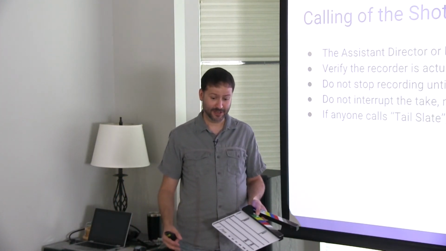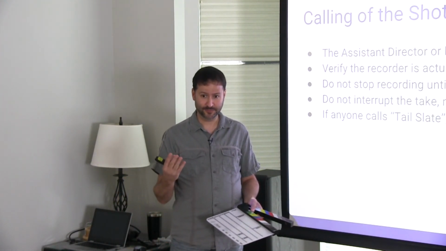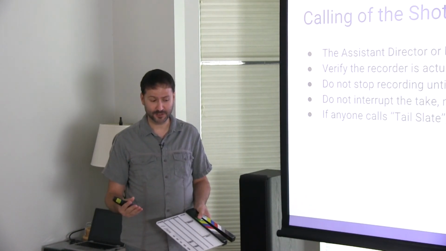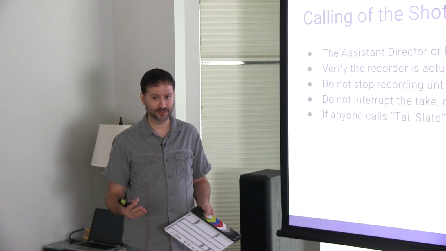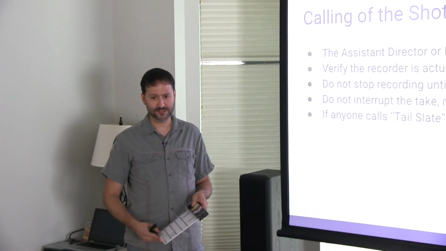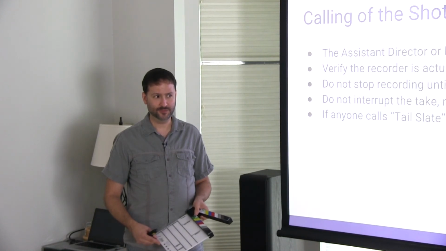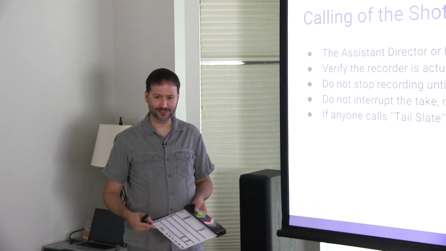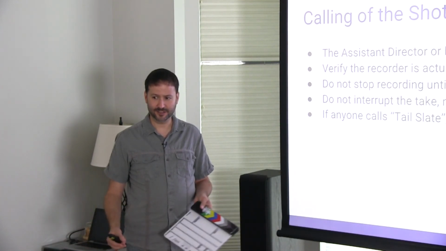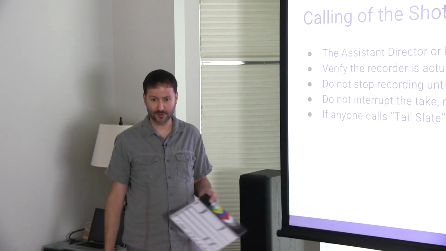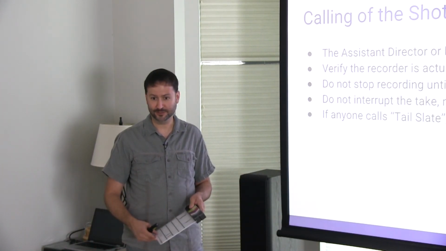One might be that you're really trying to coax an emotional performance out of an actor and you don't want to break them out of the moment. Whatever those reasons are, life and death situations aside, it's usually better to err on the side of caution and just wait through the entire take, even though you know that it's probably not usable.